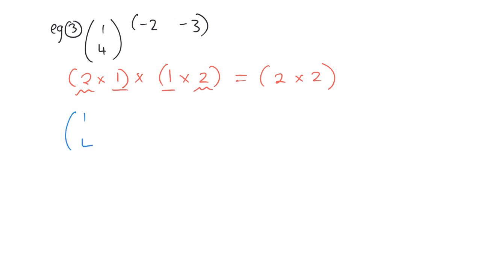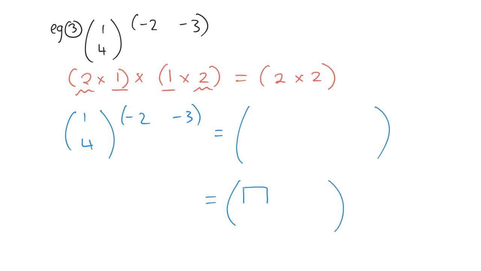So 1, 4, minus 2, minus 3. It's going to be a 2 by 2.